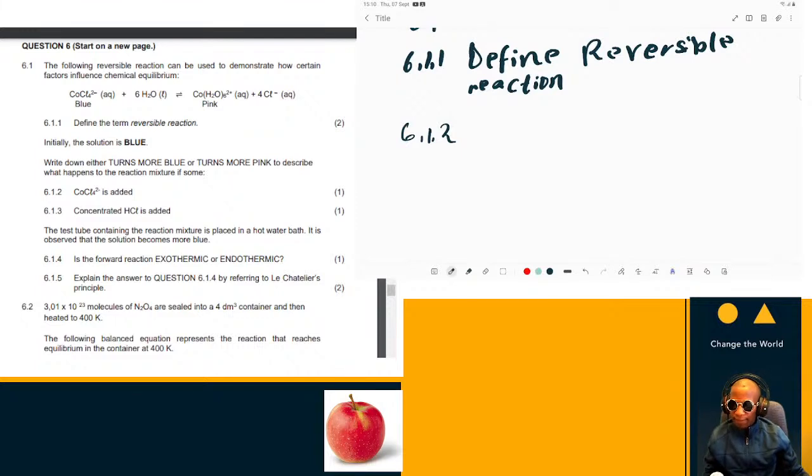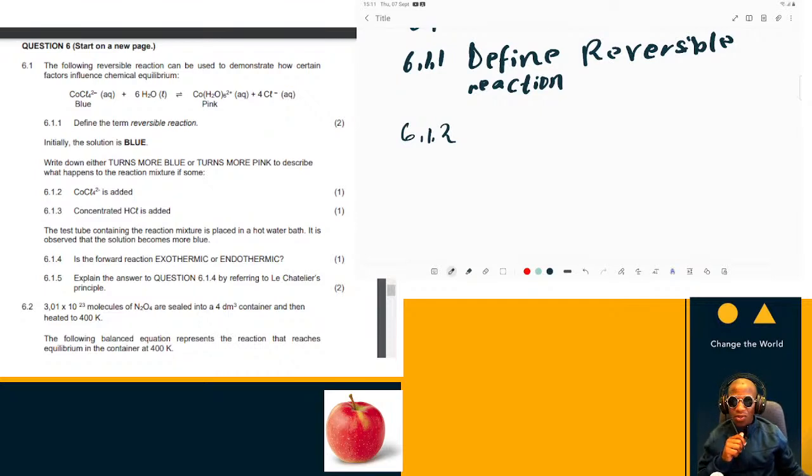Write down whether the solution turns more blue or more pink to describe what happens to the reaction mixture if some tetrachlorocobaltate ions, CoCl4 2-, are added. These are chlorocobaltate ions, guys, which make the solution blue when they react with hydrochloric acid.